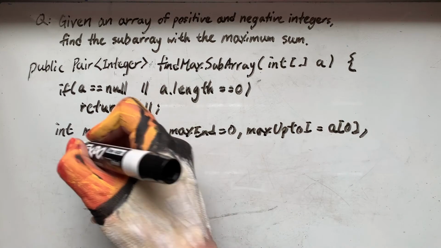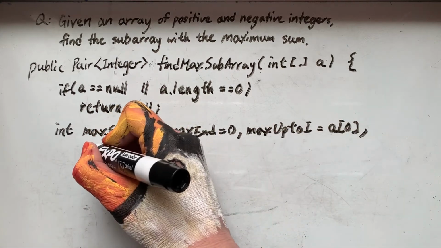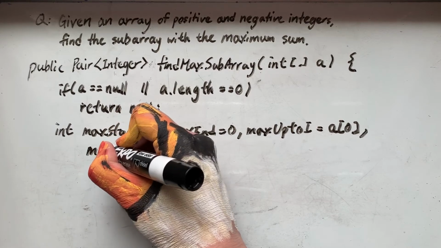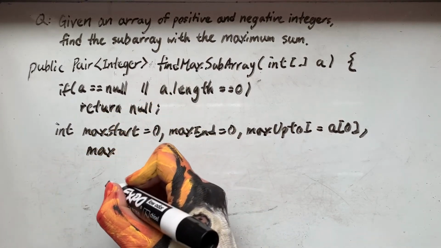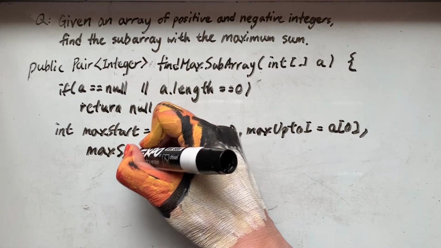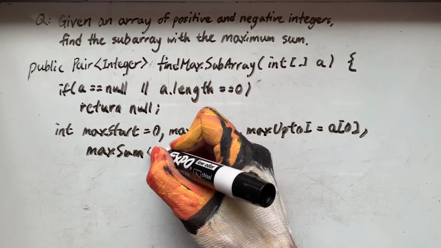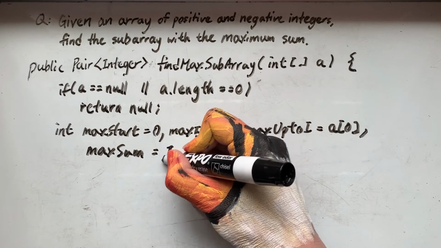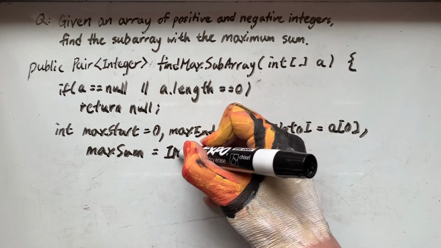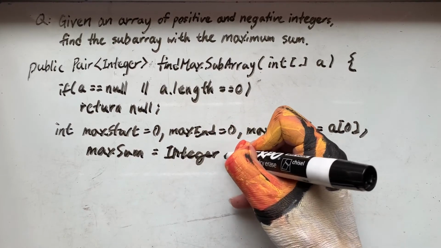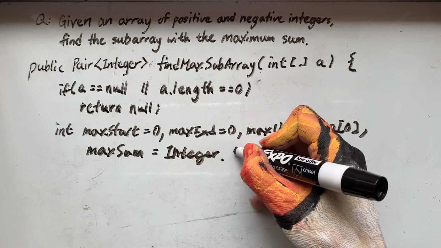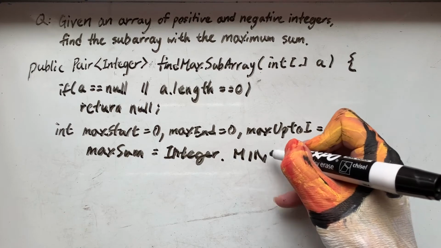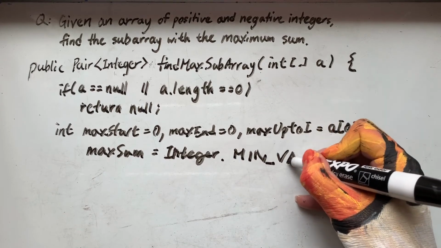and then the maximum sum is equal to Integer.MIN_VALUE.